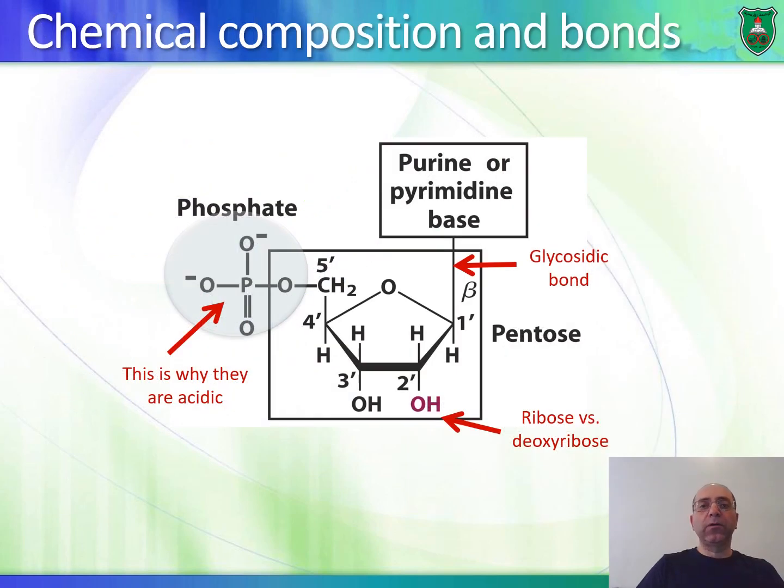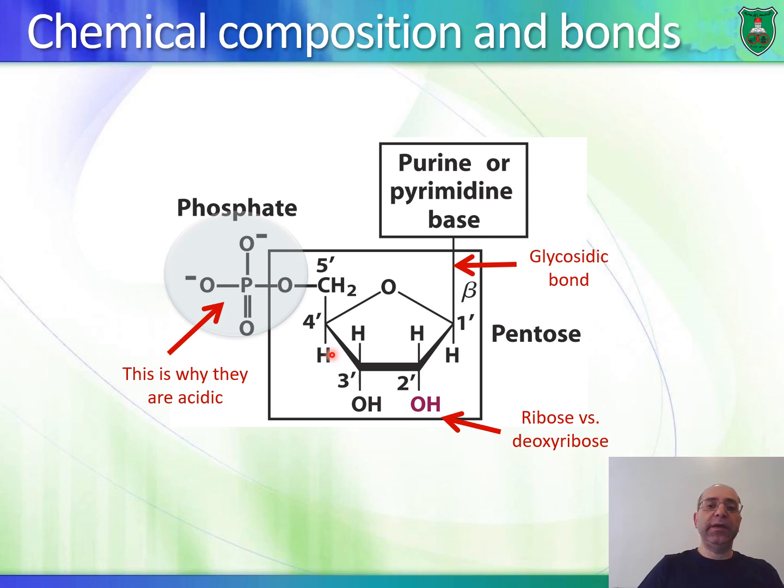So what are nucleotides? A nucleotide is a subunit of nucleic acids. It is composed of three components. Okay, one component is a sugar, and this sugar is a 5-carbon sugar. It's a pentose. So penta means 5.